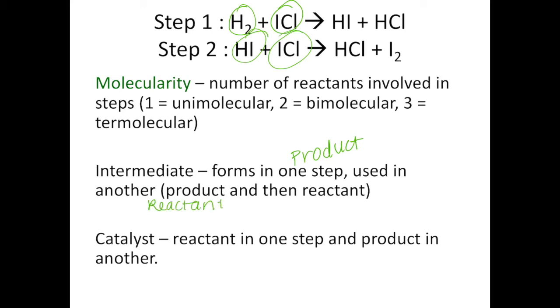I don't know if this is a great analogy, but I always kind of use a cake. Initially you have to make the batter for a cake. So you put everything into a bowl and you mix it up, right? So that's step one. And your product from that step is your batter, all mixed together nice and smooth. Then you put that product into the oven and then it has to cook.